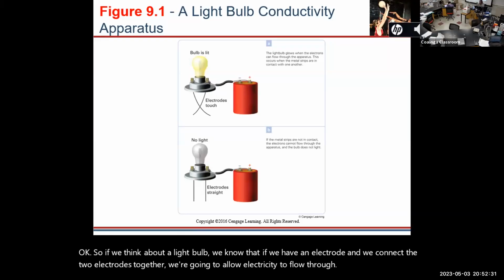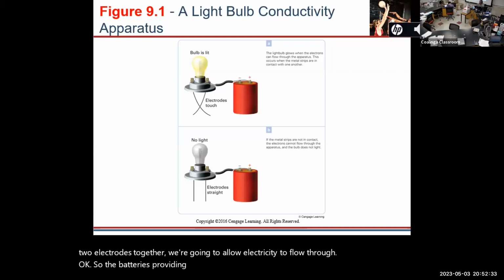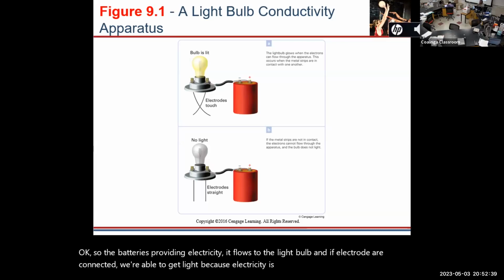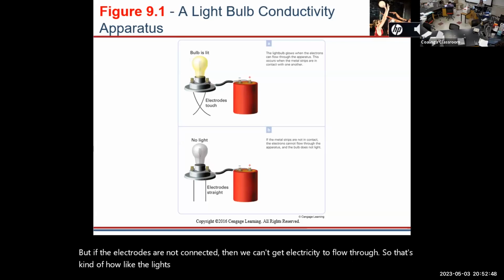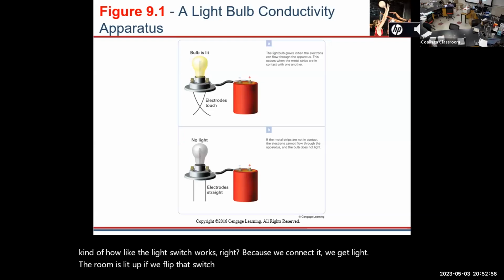The battery is providing electricity, it flows to the light bulb, and if electrodes are connected, we're able to get light because electricity is able to flow through. But if the electrodes are not connected, then we can't get electricity to flow through. So that's kind of how the light switch works, right? Because we connect it, we get light. The room is lit up. If we flip that switch, we disconnect the electrodes. They're not connected.